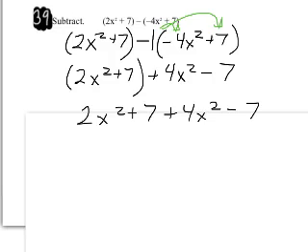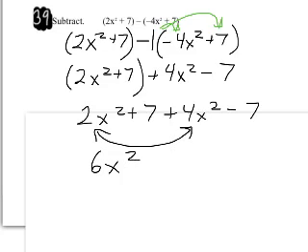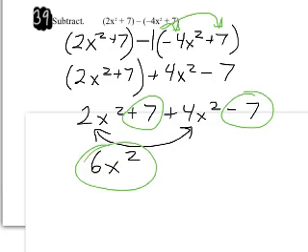Starting to look familiar, right? Okay, so we'll combine these two. 2x squared plus 4x squared is 6x squared. Positive 7 plus a negative 7 is 0. So our answer is 6x squared.